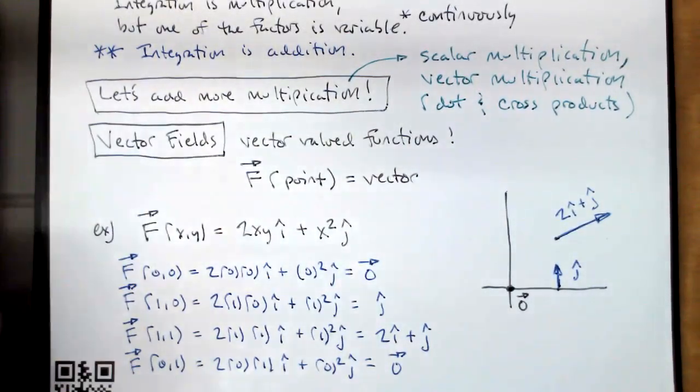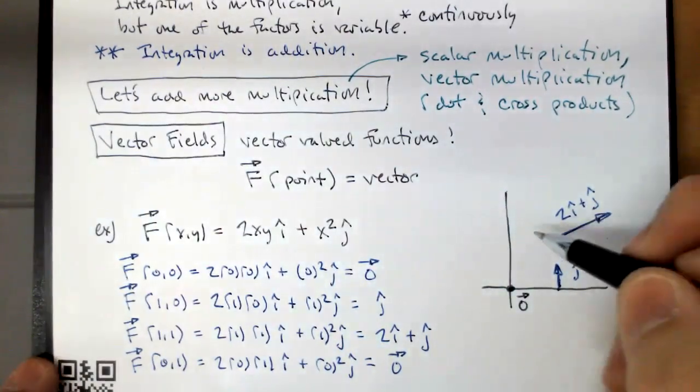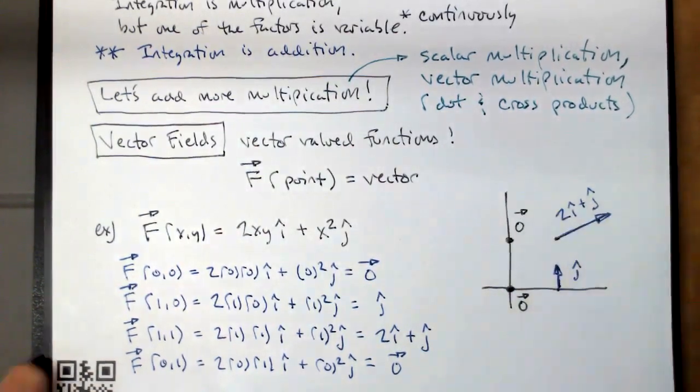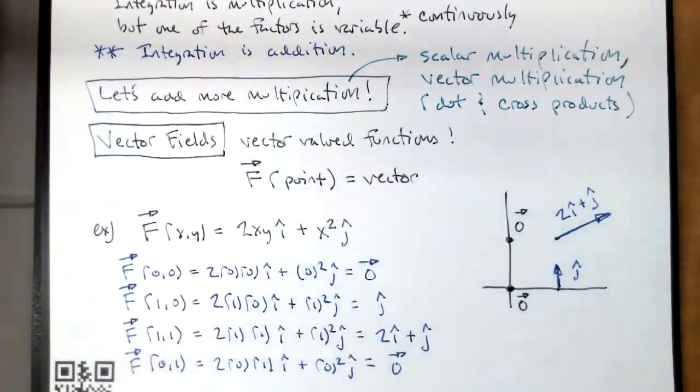And at the point 0, 1, I would again just draw the vector 0. At every point, we're drawing a vector.